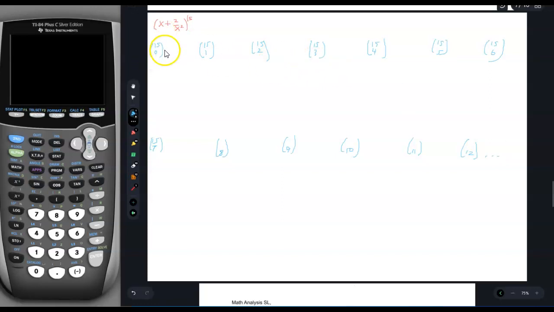The next element is the a term, x to the 15th, x to the 14th, x to the 13th. Be careful not to mess up here.